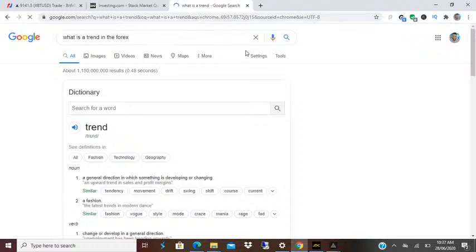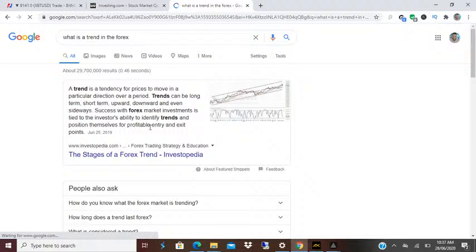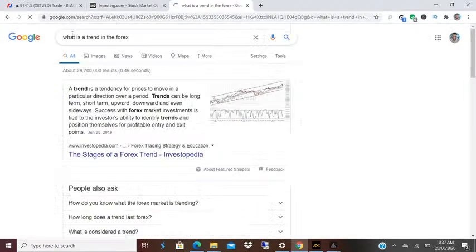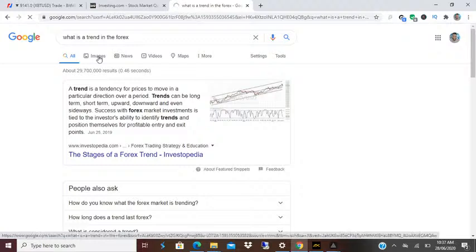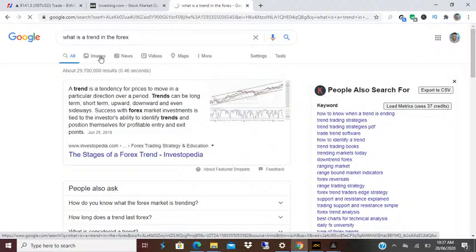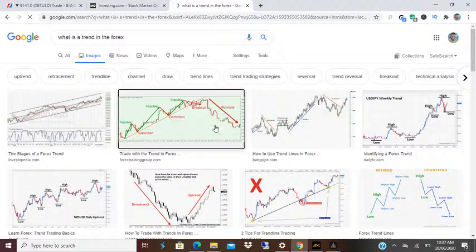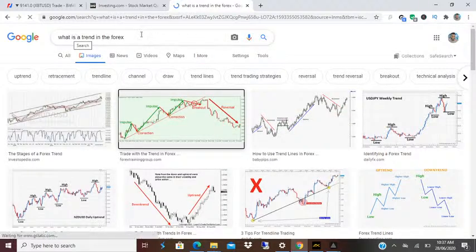I forgot market, but you catch my point. You're going to get examples about trends. You can read up on trends. You can watch pictures on trends. Then when you finish with trends, you do channels, you do ranges.